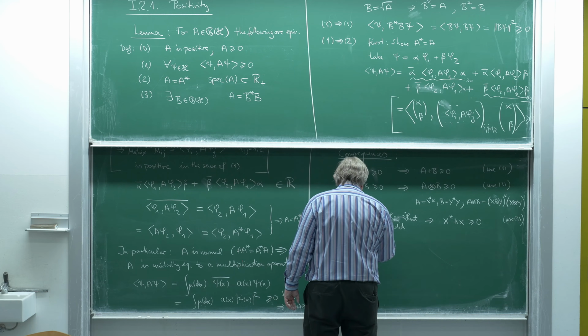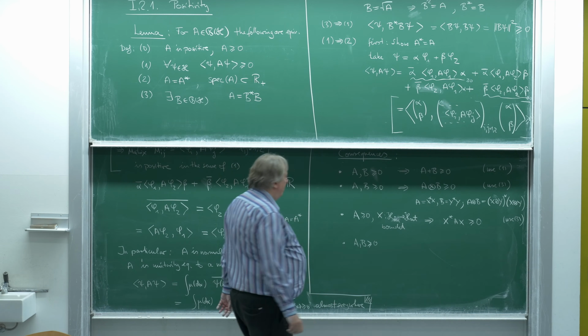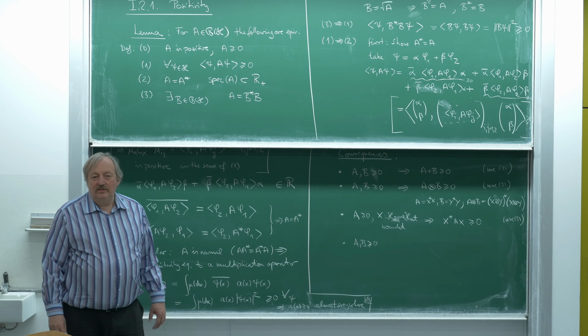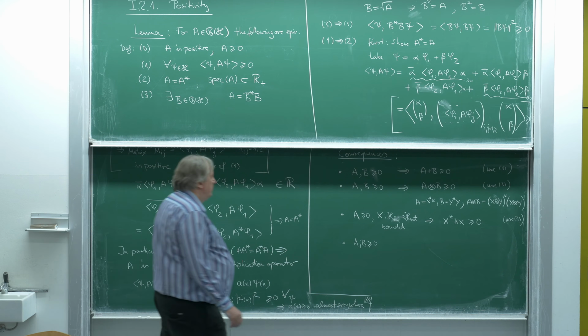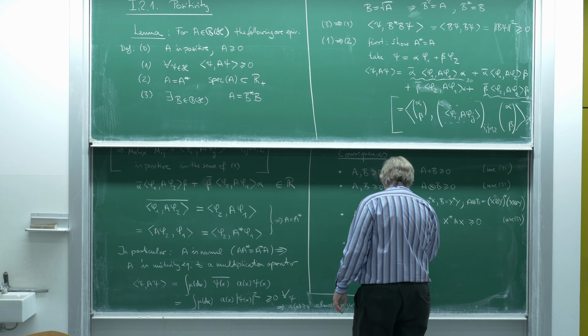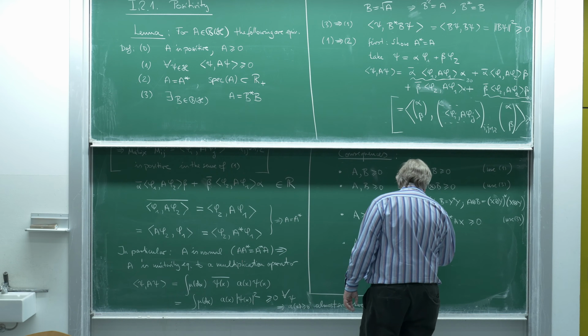So when A and B are positive, actually I should have written that as the third item here, because it's also another combination of A and B that turns out to be positive. This implies that the trace of AB is positive.